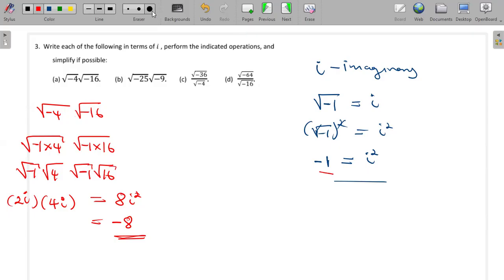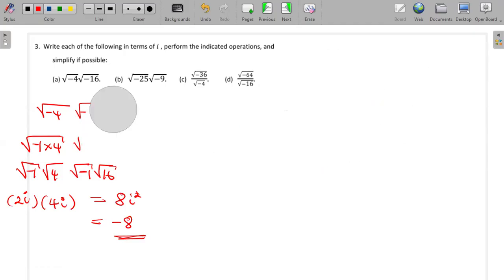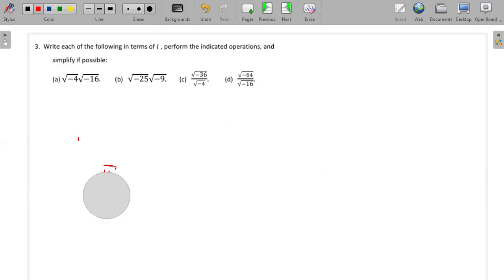Okay, so let's do the next one. Next you have root 25 and negative root of 9. Going directly, as you said, negative 1.